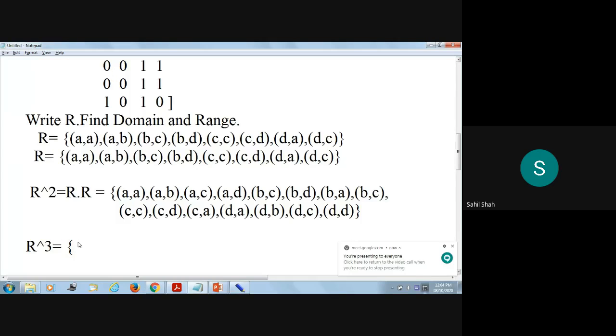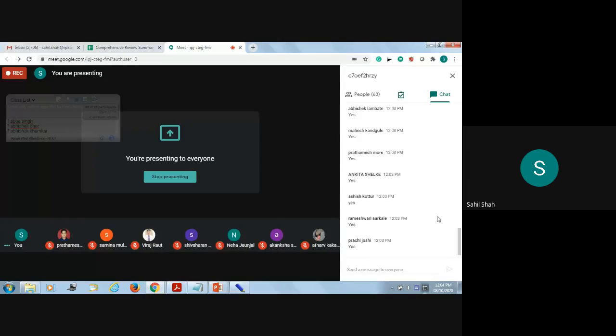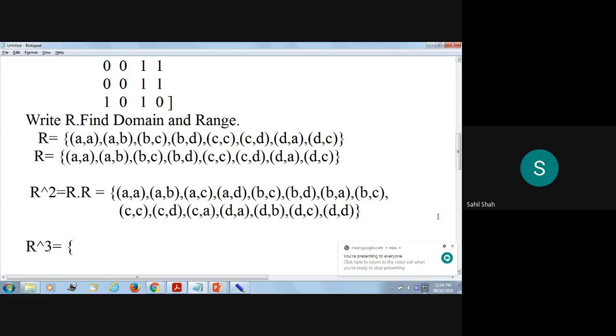Tell me directly pairs present in R cube, taking R square on R. Any answers?